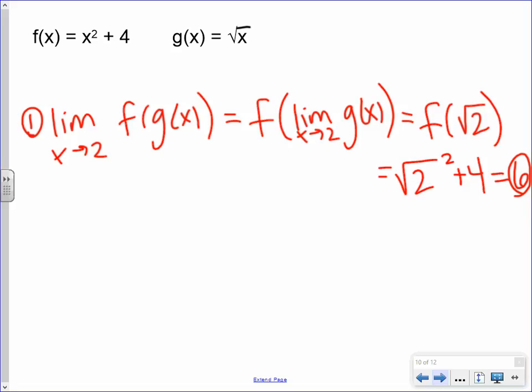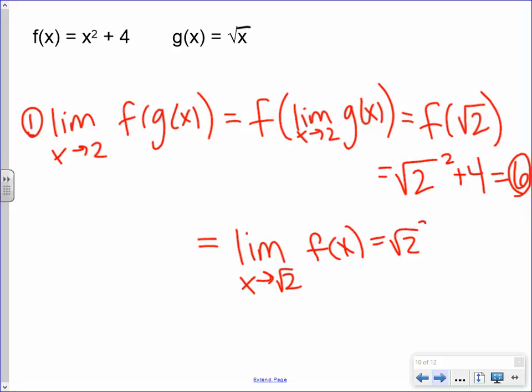Another way you could look at this problem is you could say, okay, the limit as x approaches 2 of our inside function is radical 2. So then you could think of the limit as x approaches radical 2 of f of x and use direct substitution at that point to get 6.